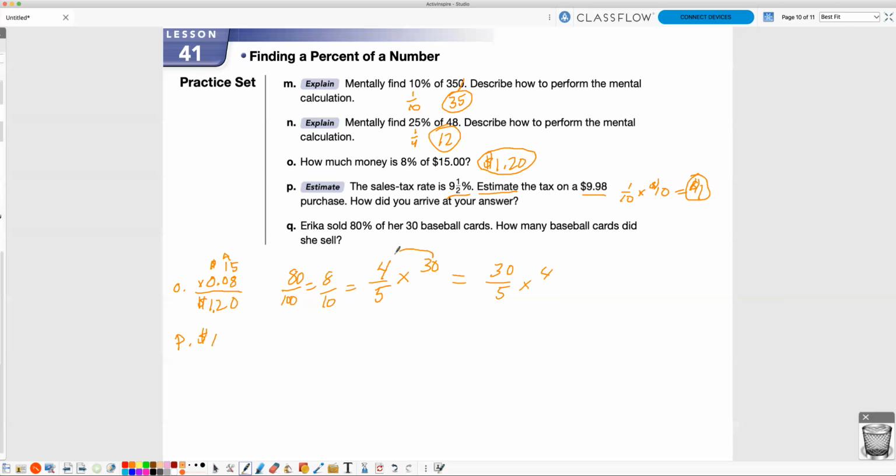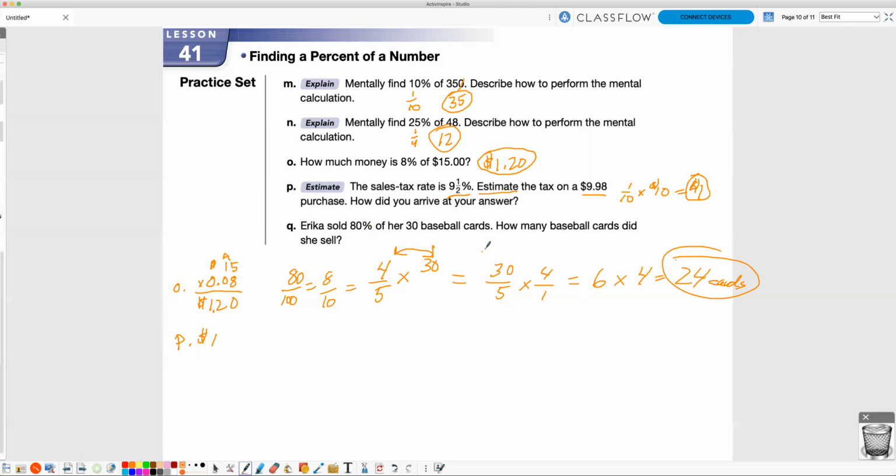I could just flip these, and I have 30 divided by 5, which is the same as 6, and 6 times 4 in that case. So this would be 24 is how many cards. So the answer is 24 cards is how many she sold, since she sold 80% of the 30.